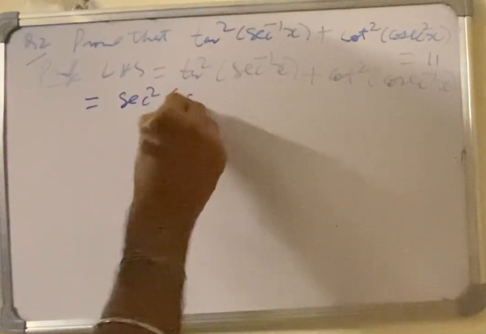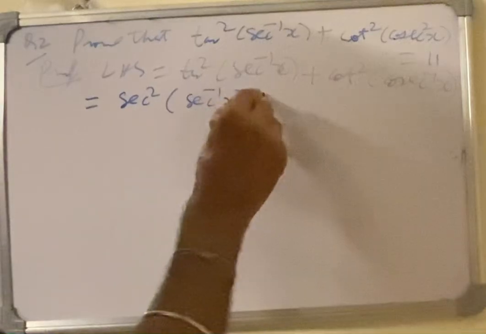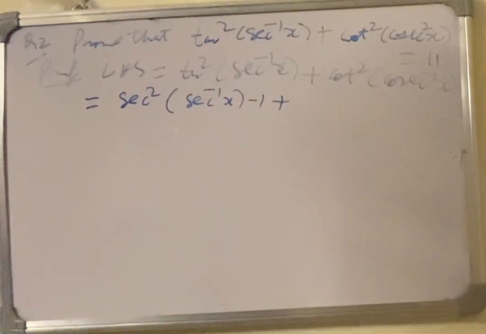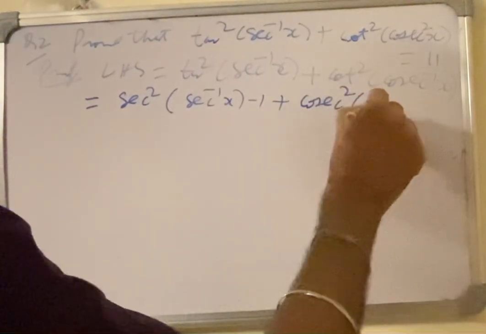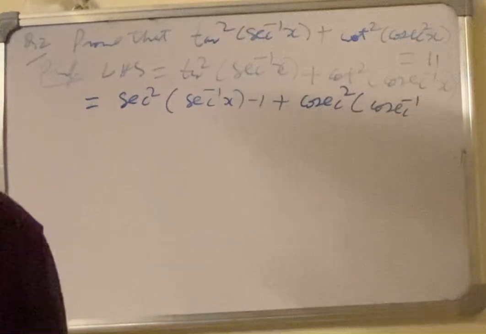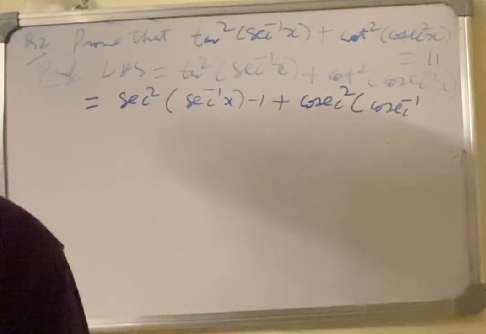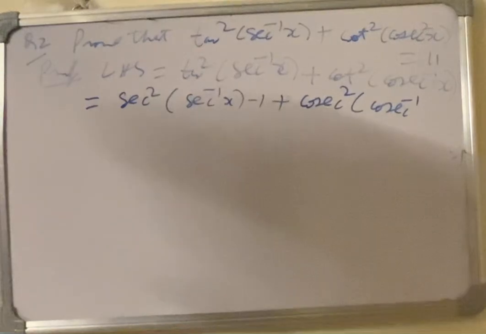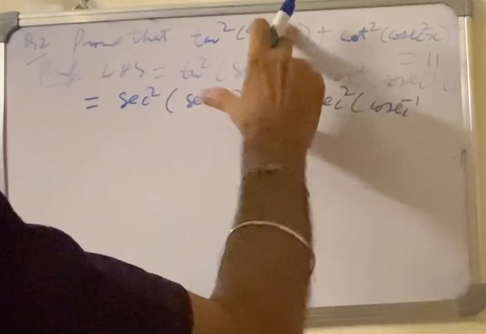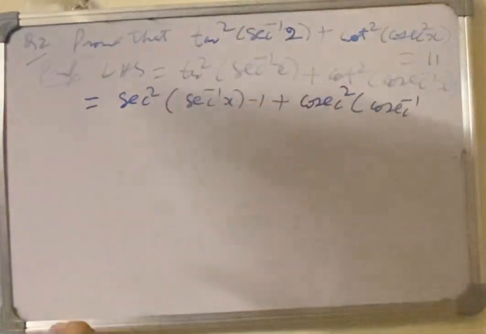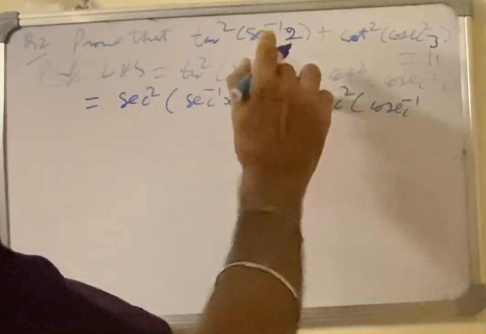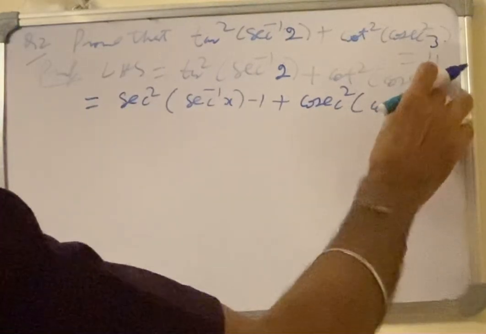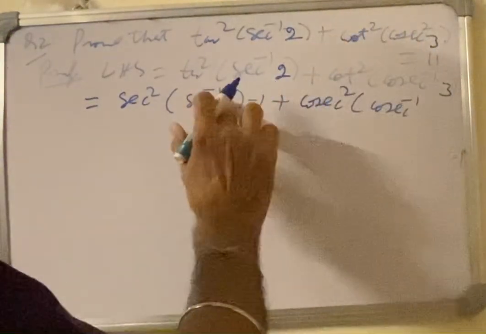So secant square secant inverse x minus 1 plus cot square is cosecant square theta minus 1, cosecant square cosecant inverse x minus 1. Here this is 2, not x, this is 2 and this is 3, because we want to get 11.